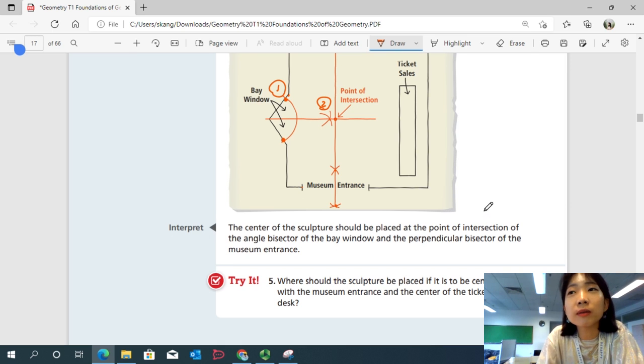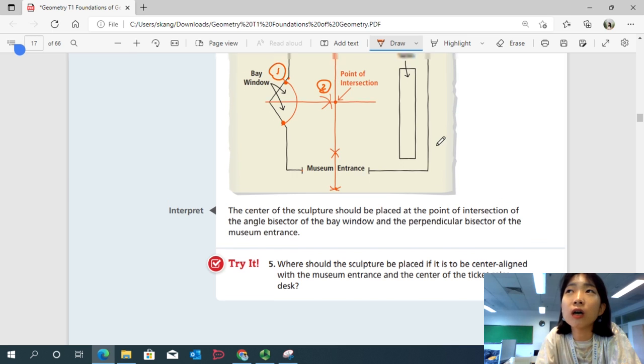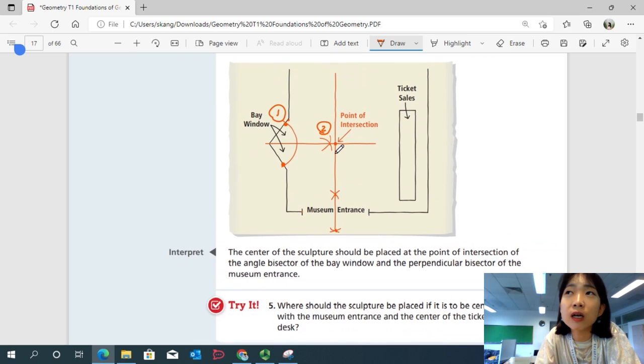Now it's your turn. Try number 5. Where should the sculpture be placed if it is to be center aligned with the museum entrance and the center of the ticket sales desk? So if you look at this diagram above, the ticket sales desk is located on the right side of the museum.